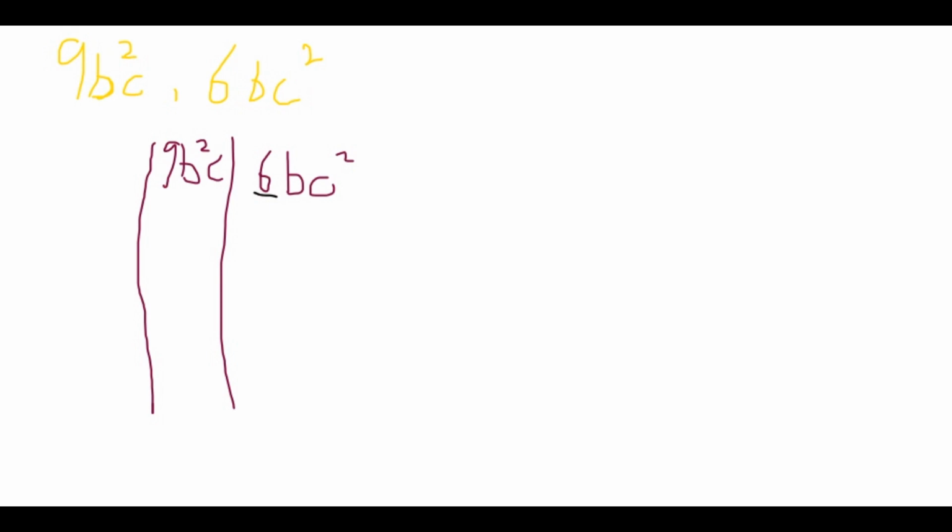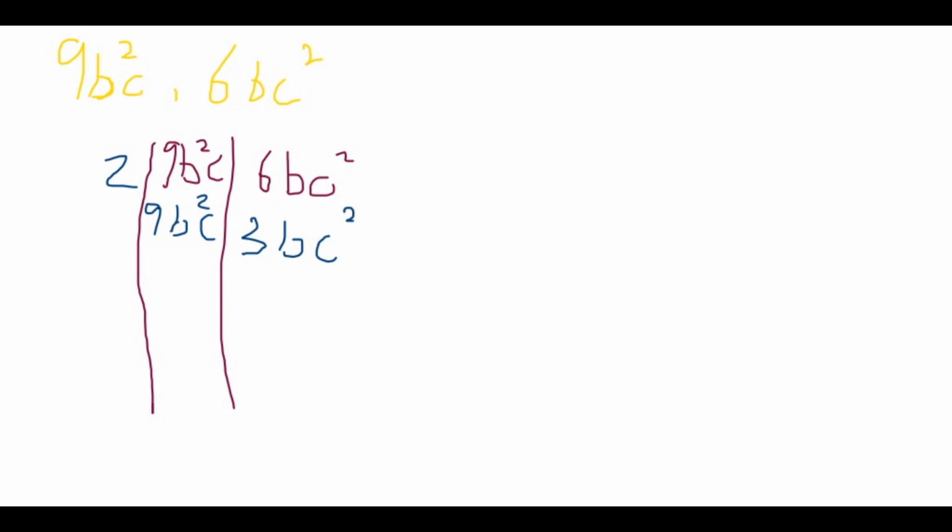Since 6 is an even number, we'll divide by 2. If we divide by 2 here, none of these digits here are divisible by 2, so we bring it down: 9b squared c, and here we'll have 3bc squared.